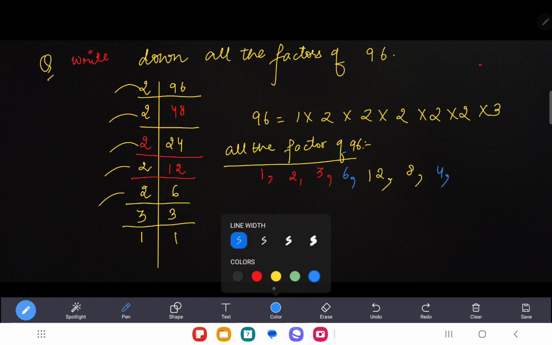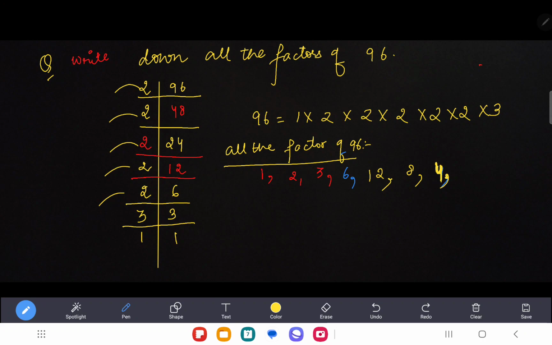Very good. Then if you are done combining 2, 2, 3, 3, then start with this. 8 times 3, that is 24. Good job. 48.